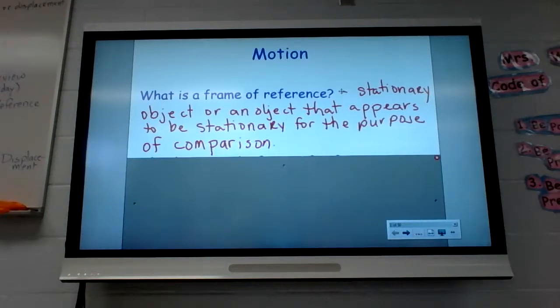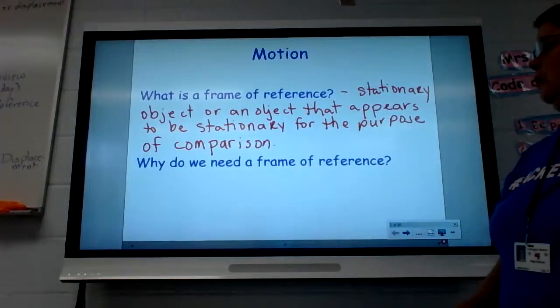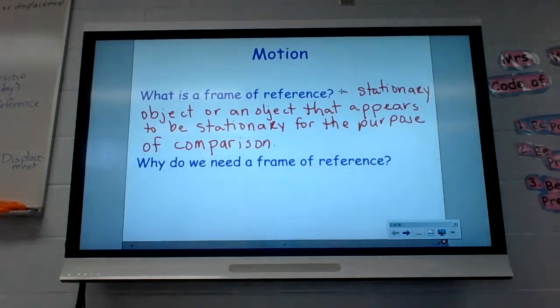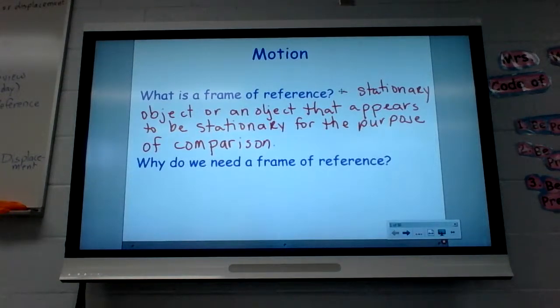Now, so a frame of reference is a stationary object or an object that appears to be stationary. Okay? Now, why do we need a frame of reference? I'm going to talk about how you decide one in just a second. Why are we going to talk about this for the next 15 to 20 minutes?